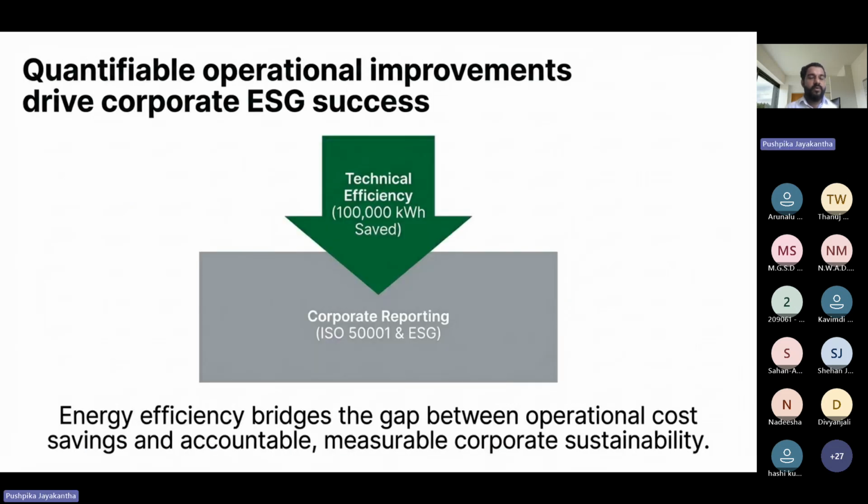Many organizations now publish ESG or sustainability reports where they disclose their energy consumption and carbon emissions. Energy management systems such as ISO 50001 help organizations implement structured monitoring, measurement, and reporting processes, which strengthen governance and transparency.